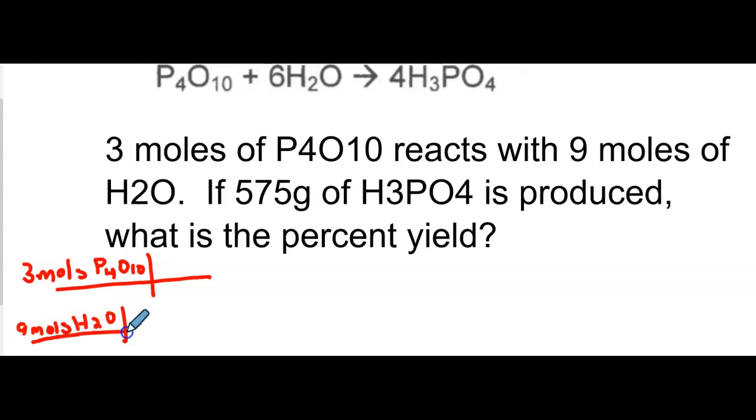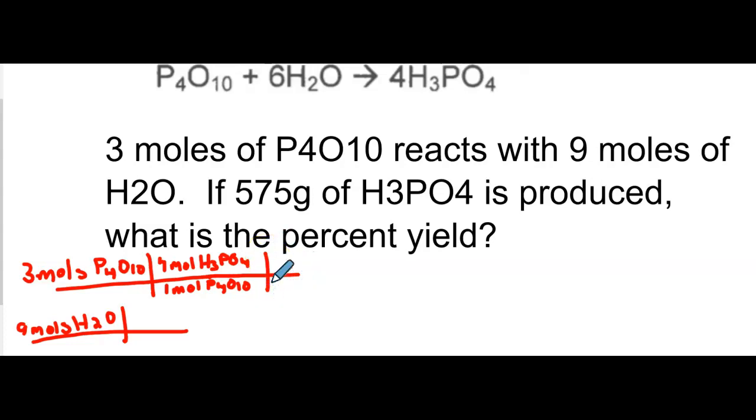All right, we're going to go ahead and convert those to grams of our product. So since we didn't start with grams, we can go right into the mole ratio. P4O10 is 1 mole. And we're going to H3PO4, so 4 moles H3PO4.